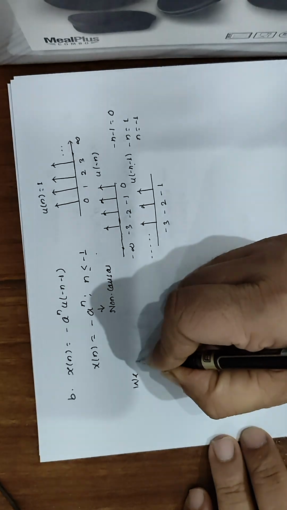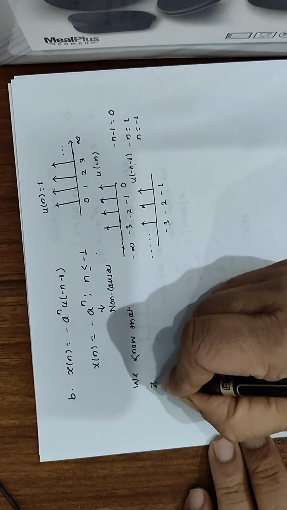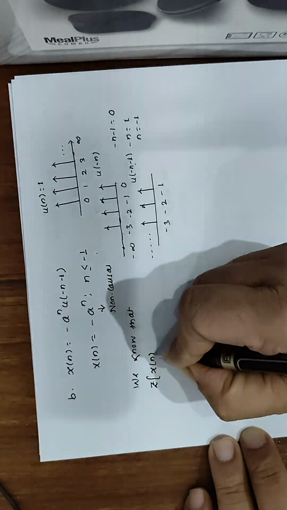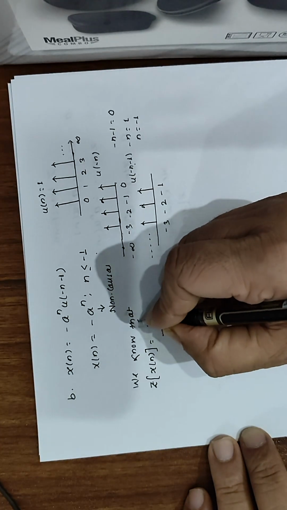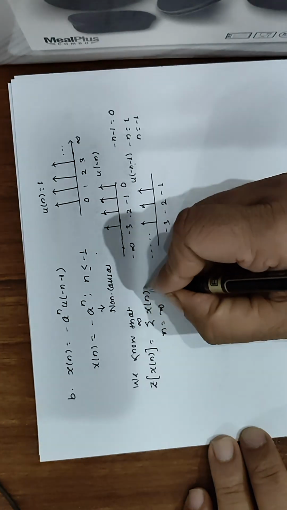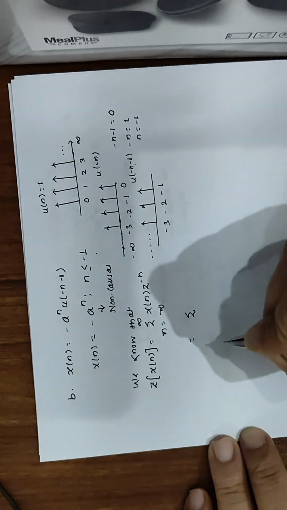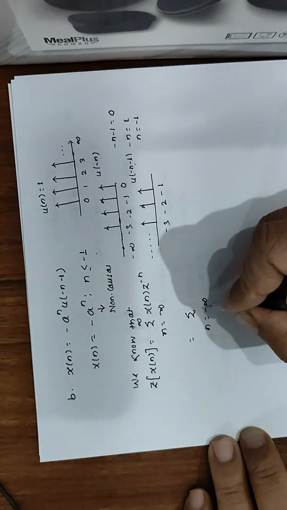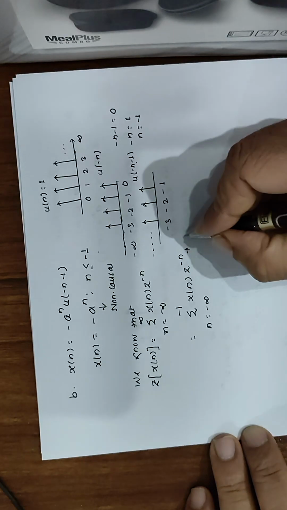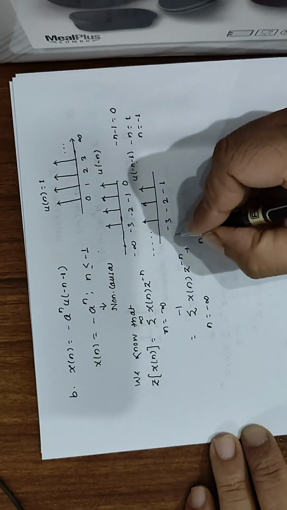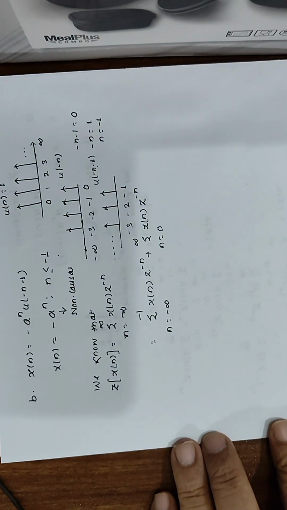We know that the Z transform of a discrete time sequence x of n is given by the sum from n equal to minus infinity to plus infinity of x of n z power minus n. Again you split this in two halves: n equal to minus infinity to minus 1 of x of n z power minus n, plus n equal to 0 to infinity of x of n z power minus n.